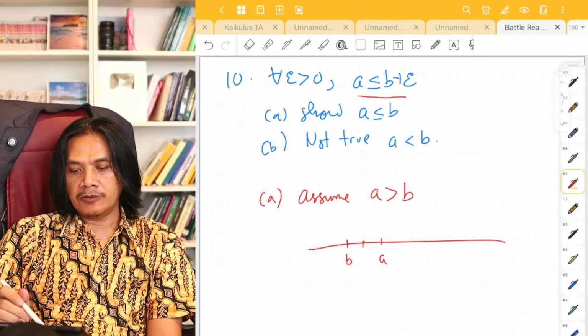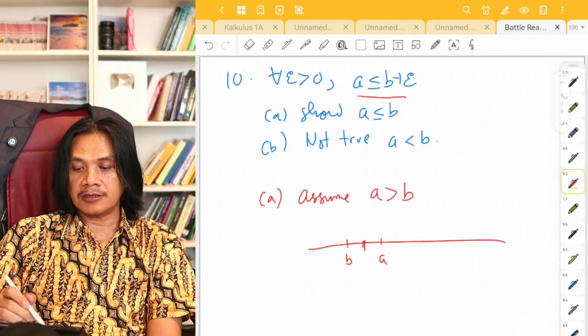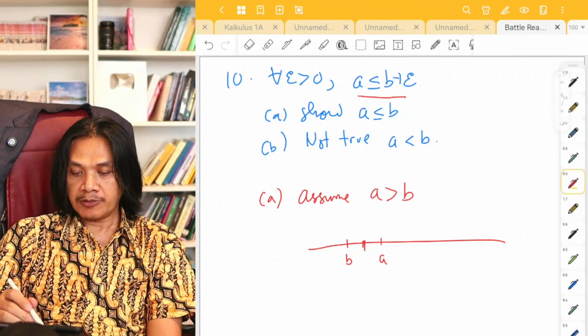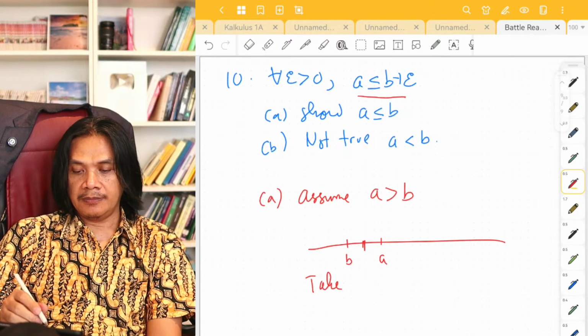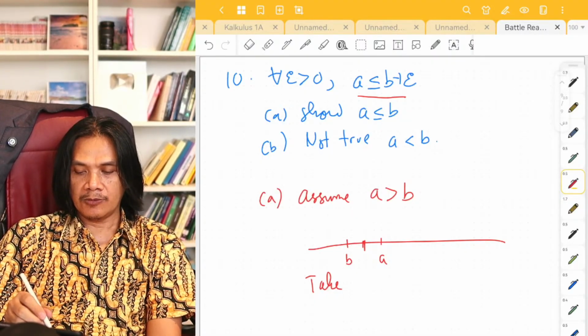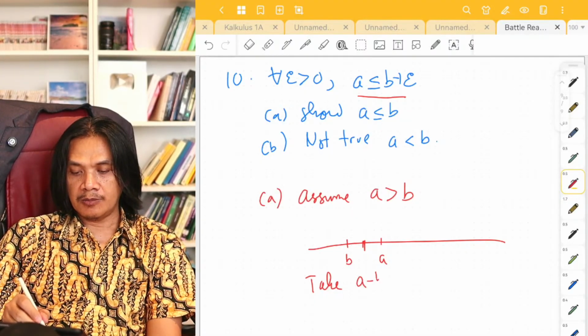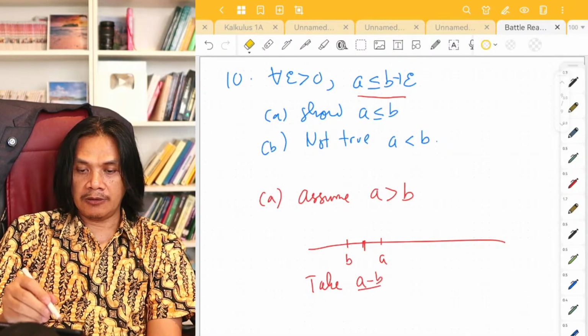The location is A plus B over 2, but the epsilon itself is the distance, so you subtract B, which is A plus B over 2 minus B, which is A minus B over 2. That's epsilon.